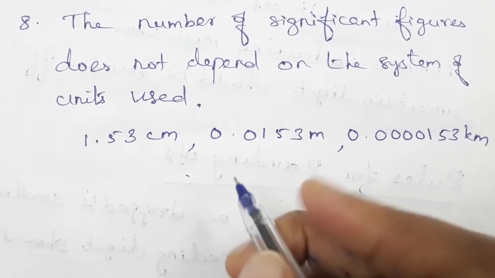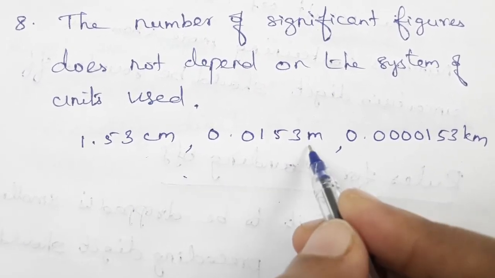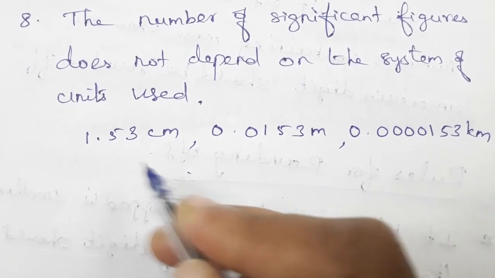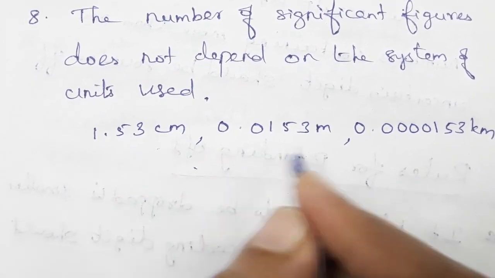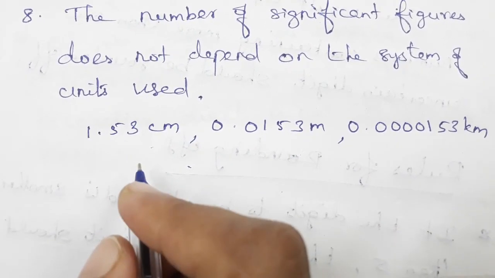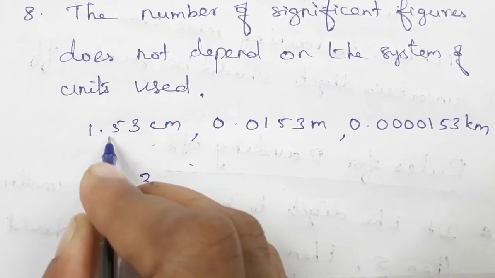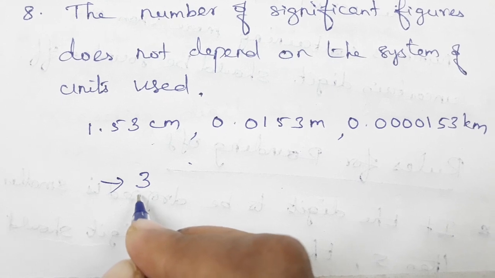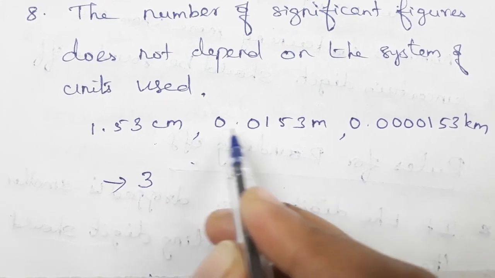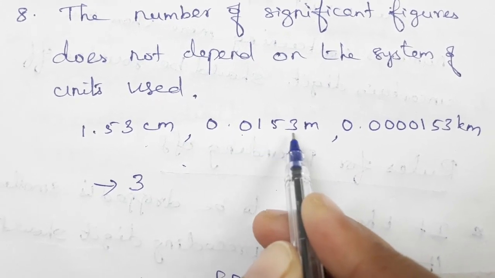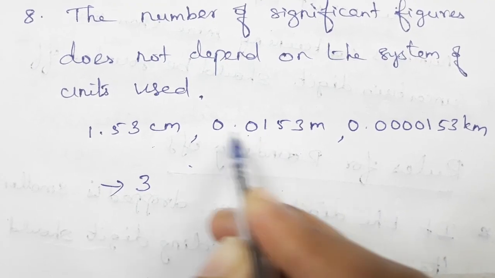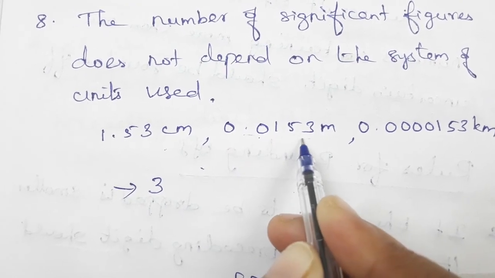So here centimeter, meter, kilometer. But all the three values have the same number of significant figures, that is 3. 1.53 centimeter has 3 significant figures. This 0.0153 is less than 1, so the zeros are not included. So it has 3 significant figures.